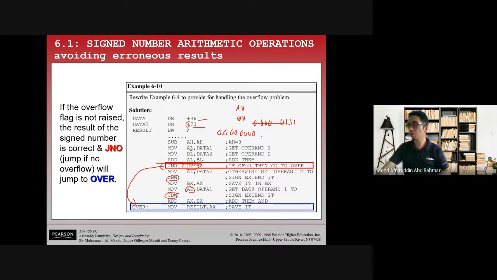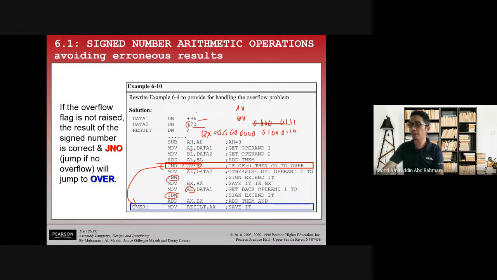So 2 to 6, and then we have another 6. So you have 0, 1, 1, 0. That's your BX, so your BX becomes like that.